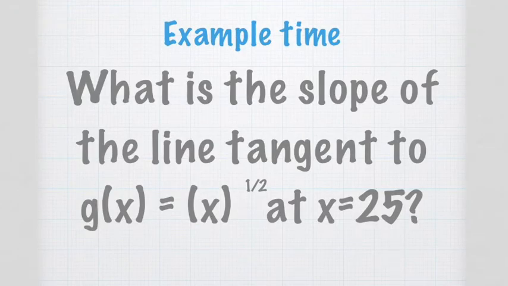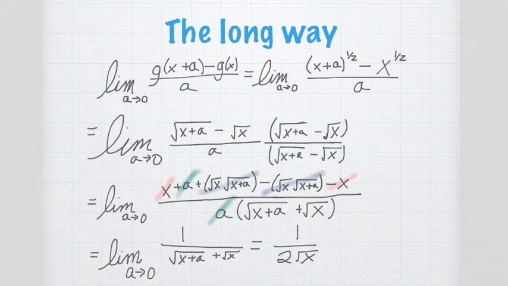If you had to find the slope of a tangent line of the function x to the 1/2 power at x is 25, you could do that in many ways. The long way would be to use limits, okay? You'll take the limit and you'll use the distance formula, you plug them in, then you plug in the actual equation, then you're going to rationalize and simplify with a lot of canceling because you've got multiple situations that match up and cancel out.